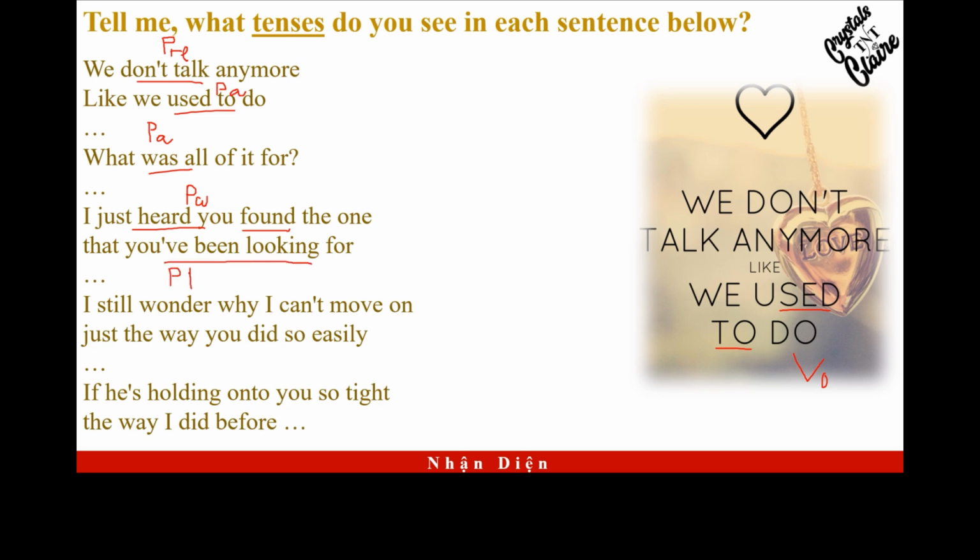Have been looking for, present perfect continuous. Wonder, can't. Okay, present. Did, past. Is holding, present continuous. Did? Okay, past.